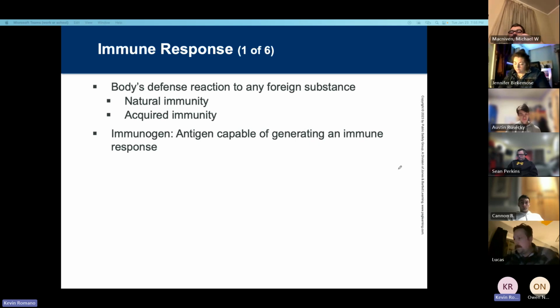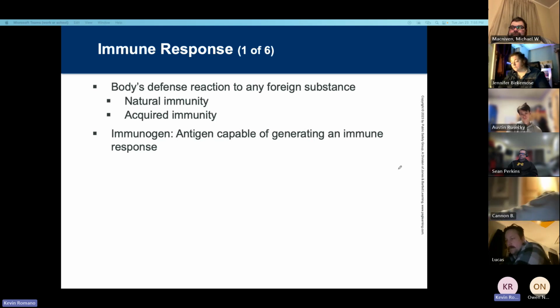The body's defense reaction to any foreign substance is directed against invading microbes, foreign bodies, and abnormal cell growth. The innate response starts first and is then reinforced by more specific acquired responses. Components of the cell wall activate the complement system.